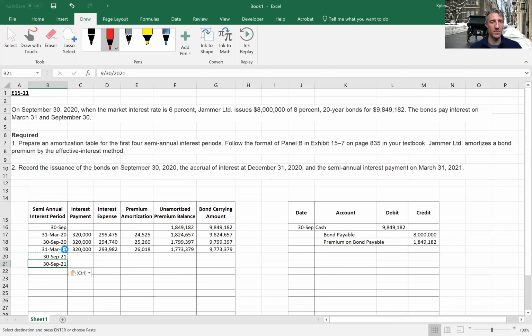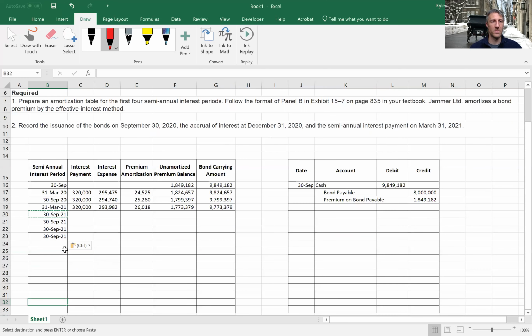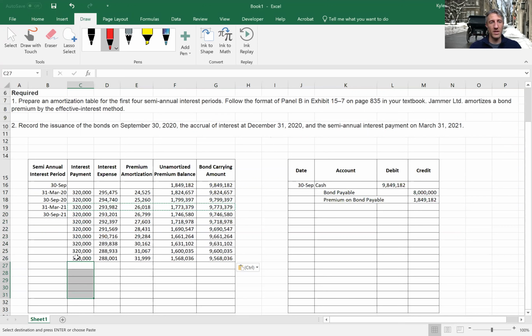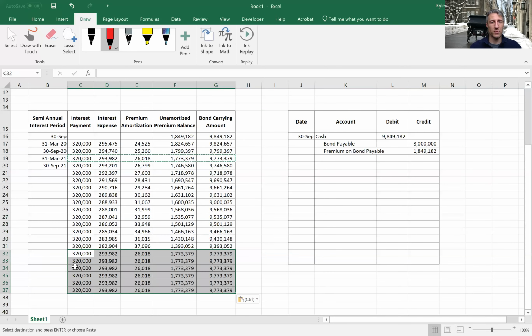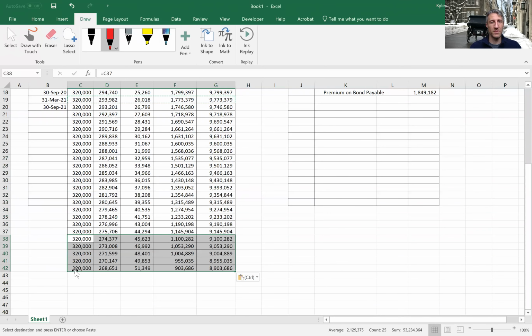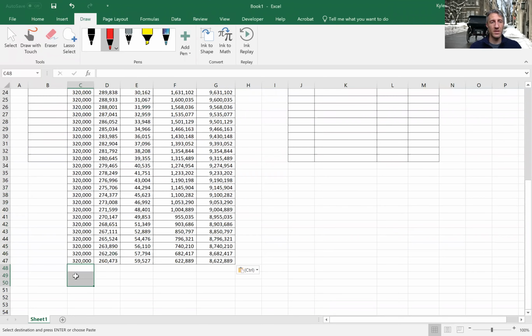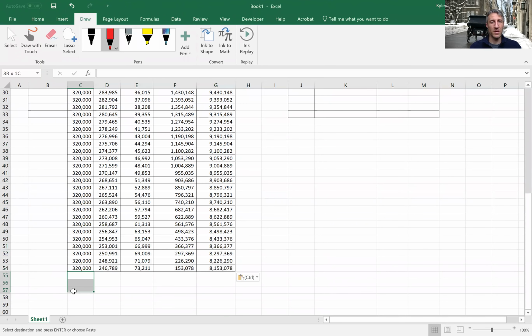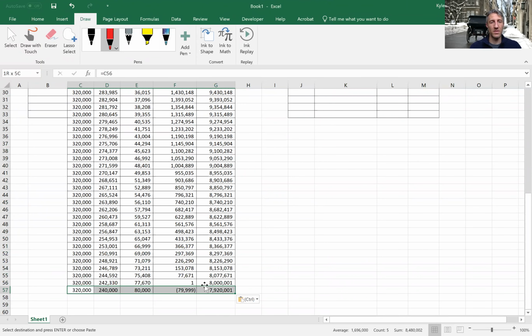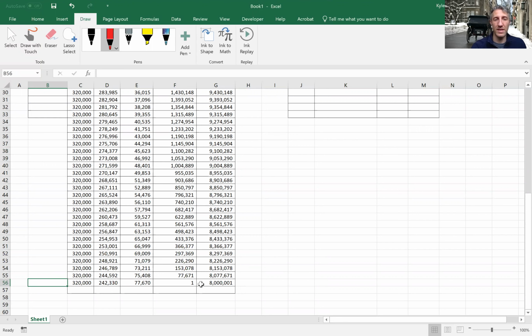So we're going to see here, if I were to copy this down, because hopefully I've set everything up as a formula, at the end of this bond, in the 20 years time, the bond carrying amount is going to decrease to exactly $8 million. And that is how much they're going to be paying back to the bondholder at the end of the term.